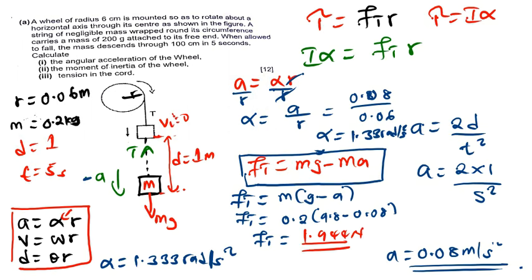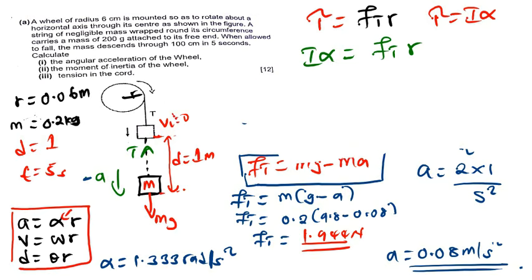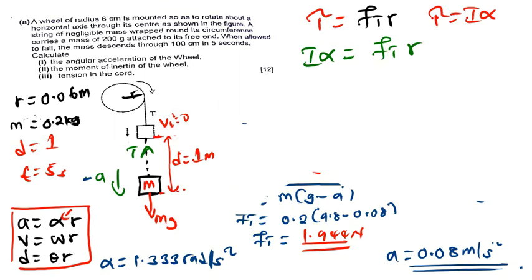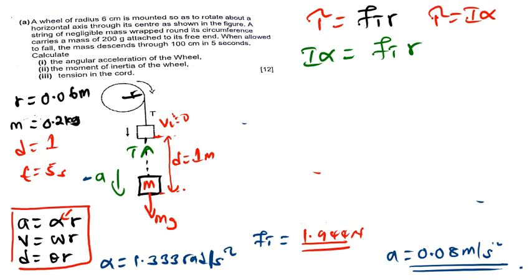Now, using this formula, I also know that I can find the moment of inertia. Because I have everything now. Now I want to find the moment of inertia. I'll divide both sides by alpha.